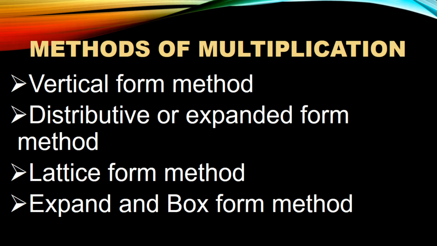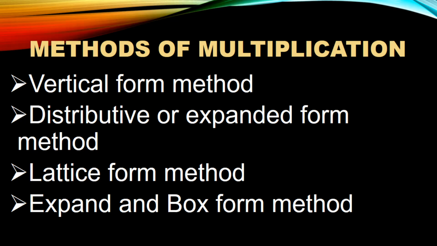And then the last method that we talk about is also a new one, the expand and box form method. This kind of method here is also new and has been added to your new curriculum. This method deals with the separation of the numbers or changing the numbers into their real values. Before you can change a number into its real value, you need to multiply the face value by the place value of the digits in order to get the real value.